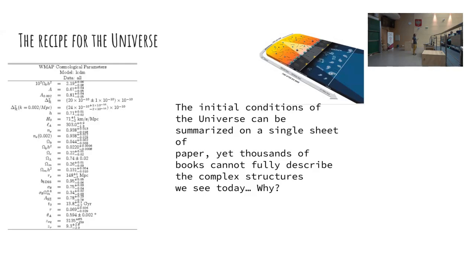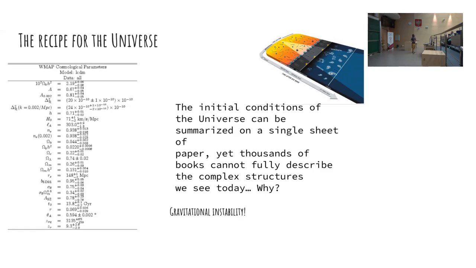Yet, you need probably hundreds and thousands of pages of many books to describe all the complex structures we see in the modern universe. So we start with a simple universe. We can summarize it statistically by just 6 numbers and some simple laws of physics. And yet we observe complicated structures today that take much more information to describe and even understand.